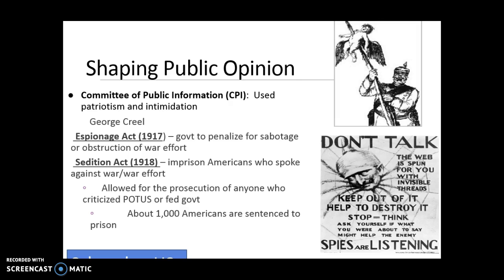And both of these laws are tested in front of the Supreme Court in a famous case called Schenck v. United States, where the Supreme Court ruled that the government does have the authority to limit free speech, which is guaranteed in the First Amendment, when there is a, quote, clear and present danger.